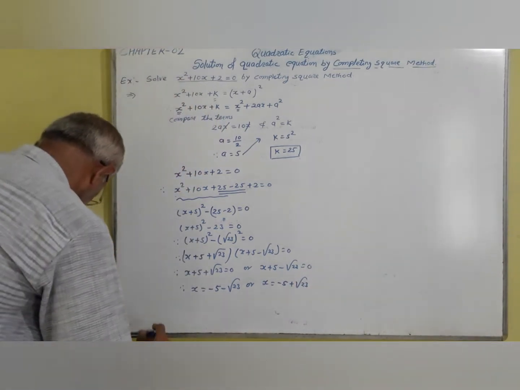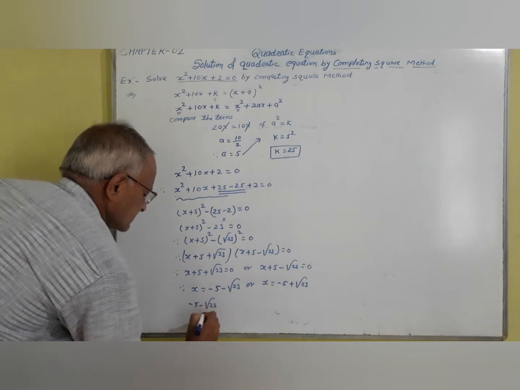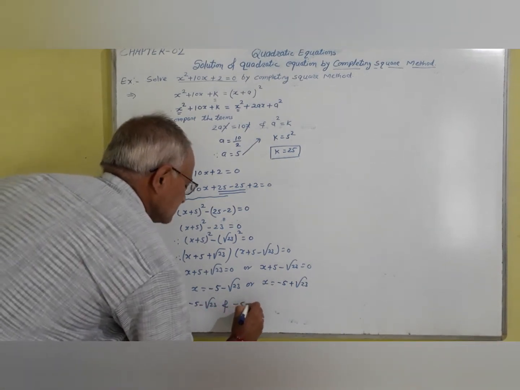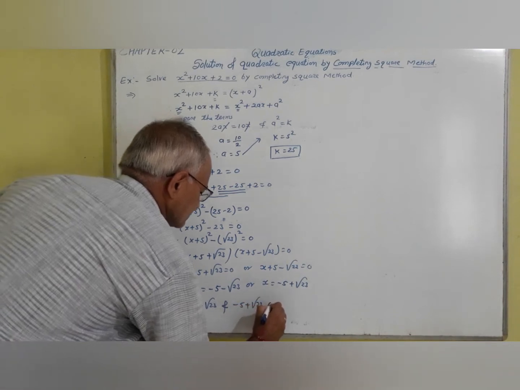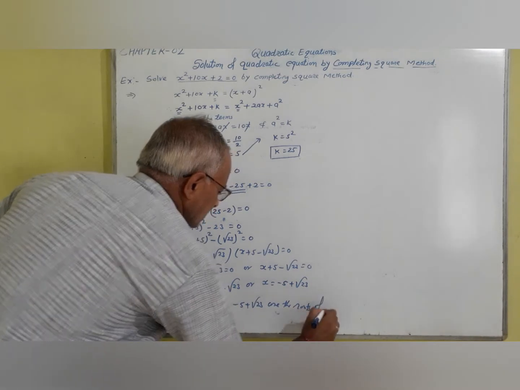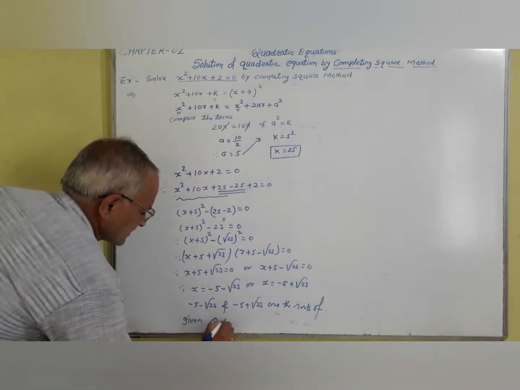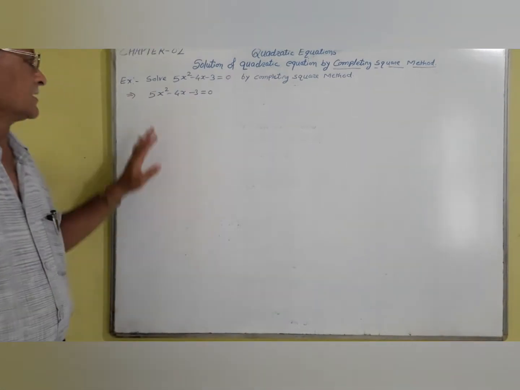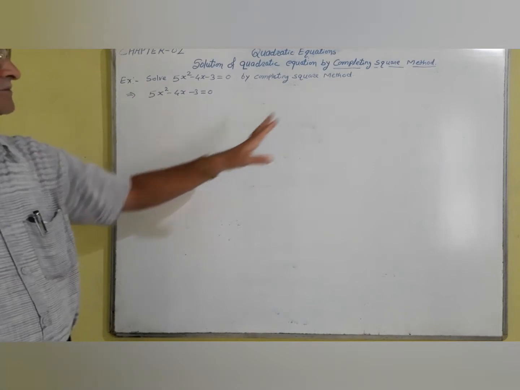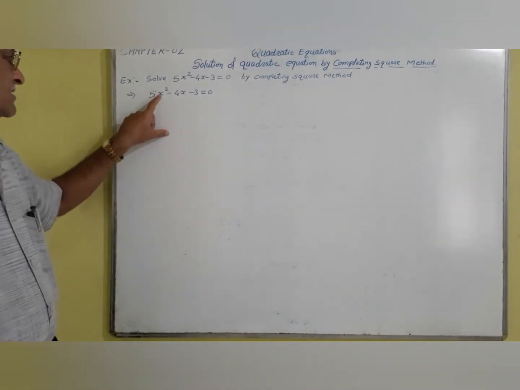Therefore, we say that minus 5 minus square root of 23 and minus 5 plus square root of 23 are the roots of the given quadratic equation.